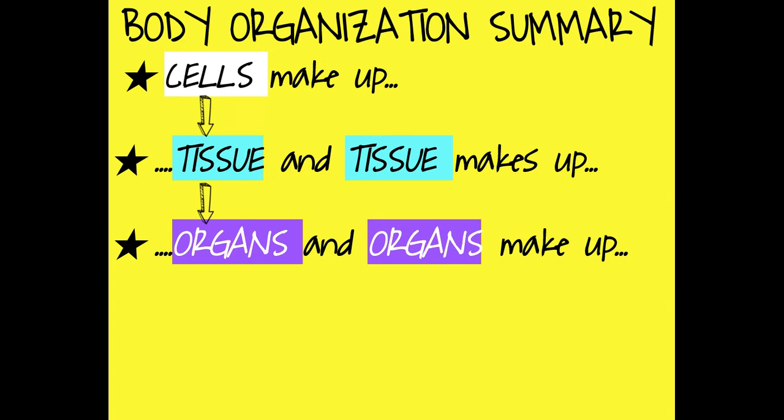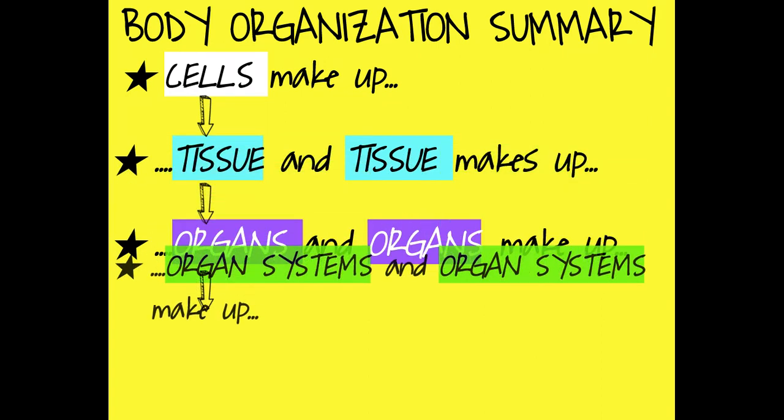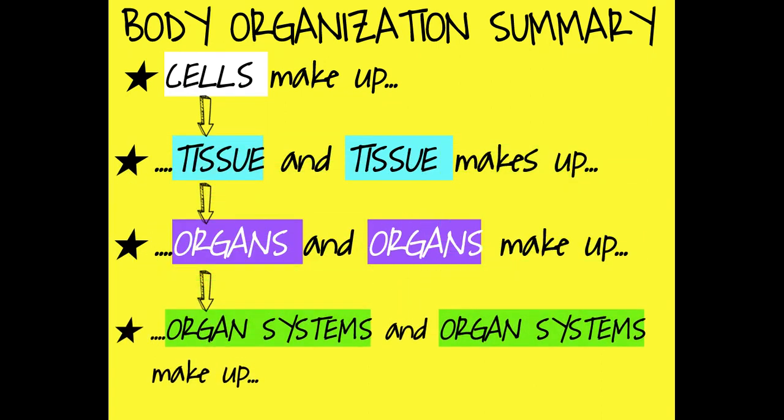Those are all organs. And all of those organs come together and create organ systems. We know that there are 11 of those in the human body. They all come together to make up an organism, which is you.